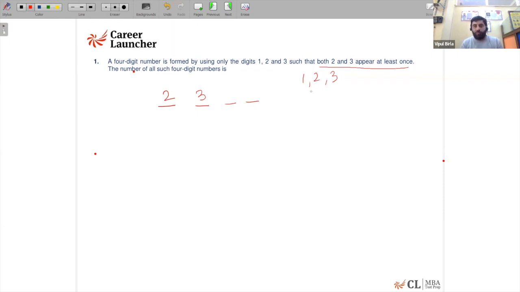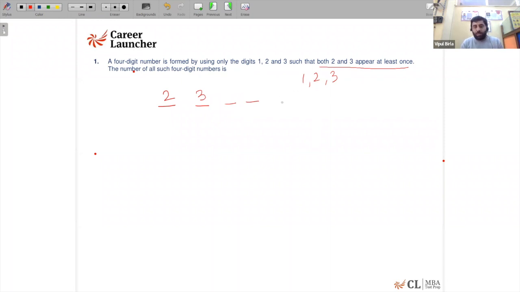Since I have to choose 2 more numbers from 1, 2, 3, one case is that those 2 numbers are the same, and the second case is that they are distinct.